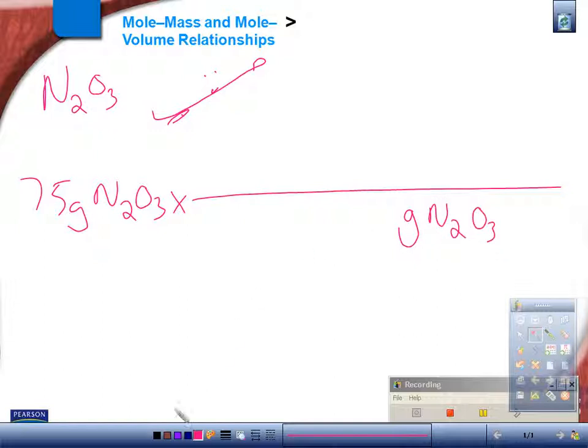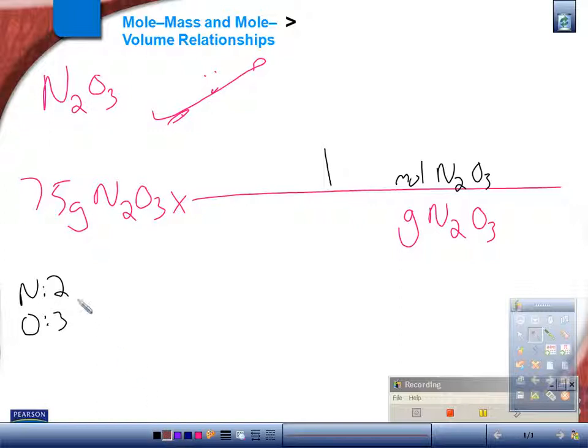But I do want on top, I want moles. That's the only thing I can change grams to. It's always 1 mole. And when I go to my formula, it's N2, so there's 2 nitrogens, O3, 3 oxygens.